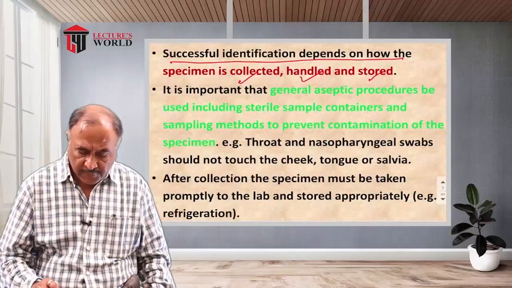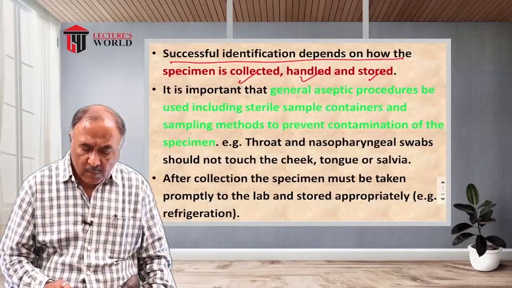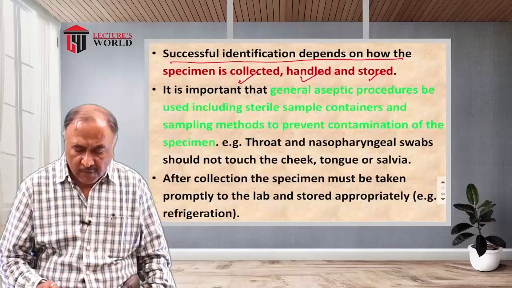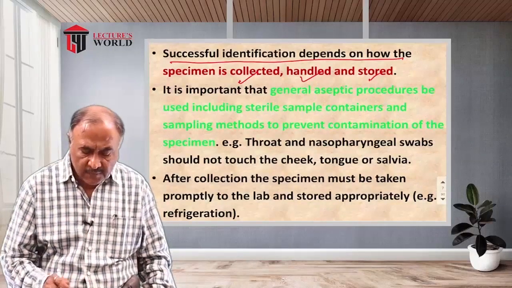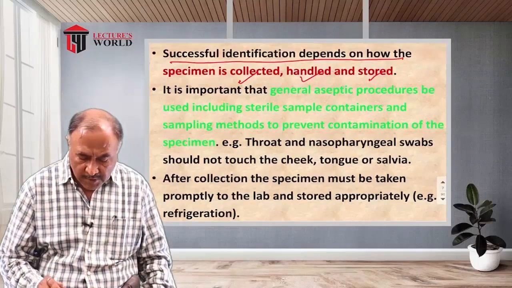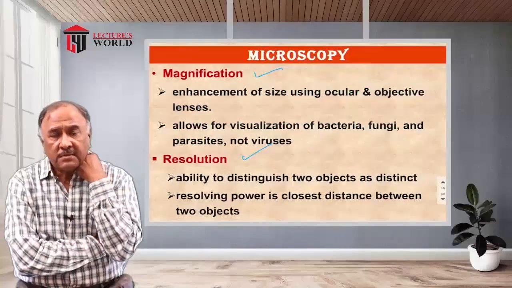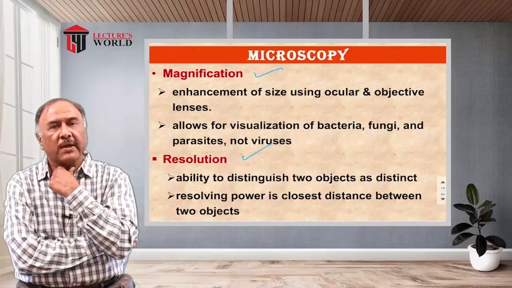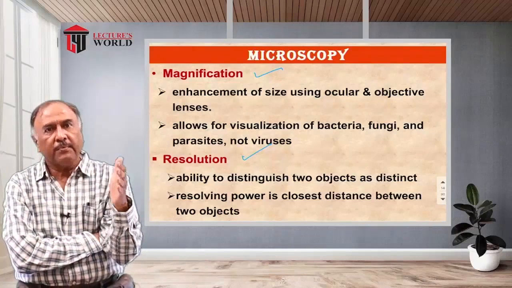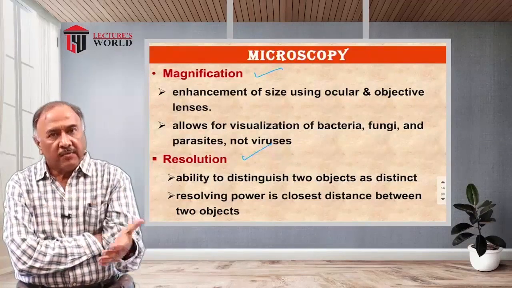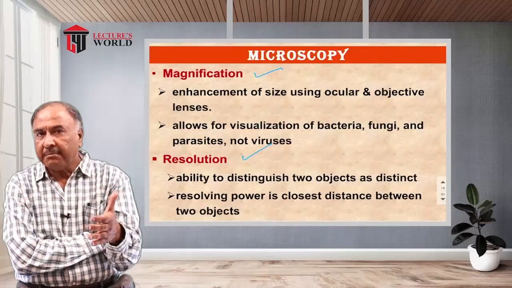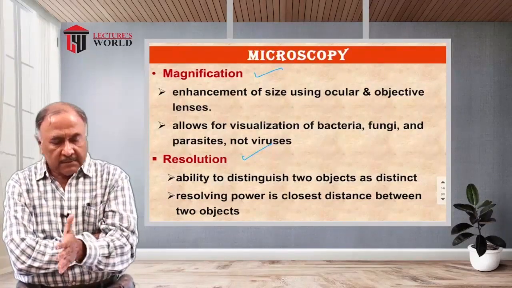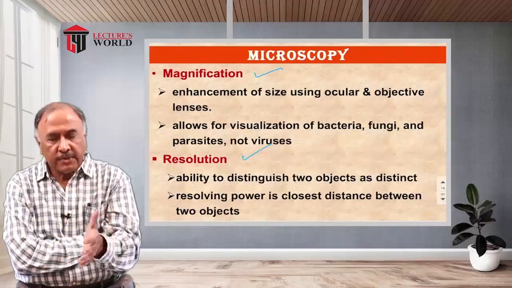This is the procedure. And finally, how would the acid-fast bacteria appear? These are the morphologies, the ways by which these mycobacteria would appear. Now, when we start identifying the organisms, as I told you, the first step is microscopic observation. Second, we go for macroscopic observation by cultivating them on a plate with nutrient media.